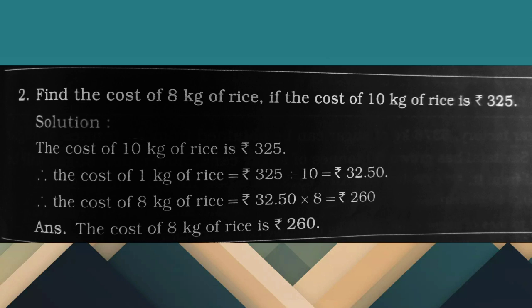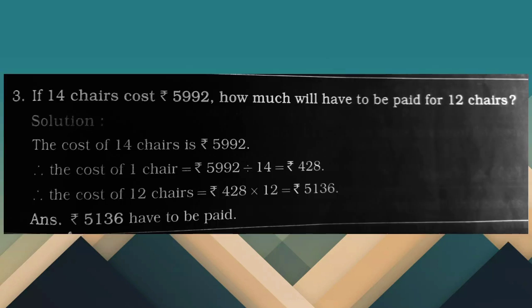If 14 chairs cost rupees 5,992, how much will have to be paid for 12 chairs? See here we are having the cost of 14 chairs. So by dividing 5,992 by 14 we'll get the price of one chair, that is 428.